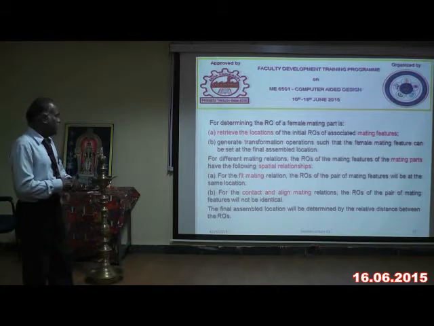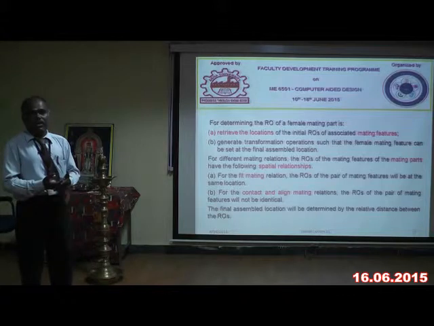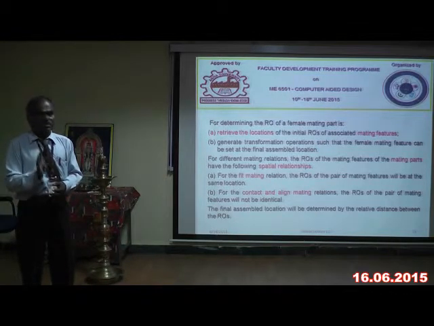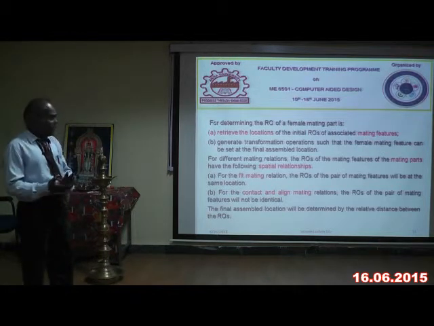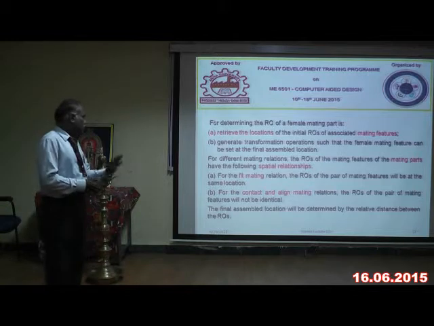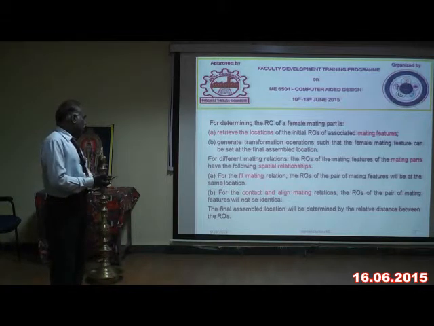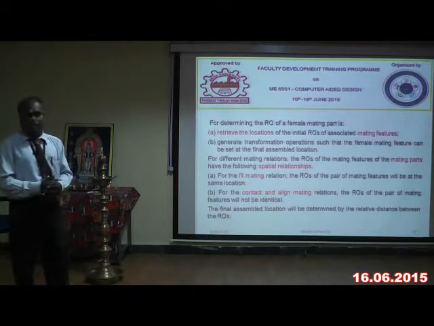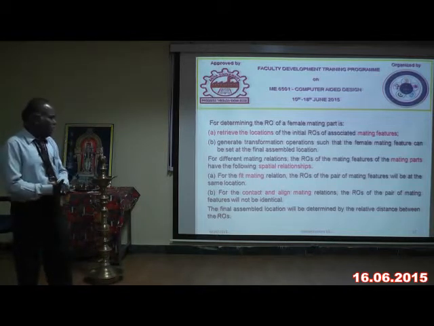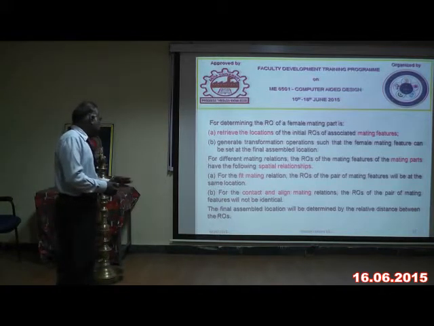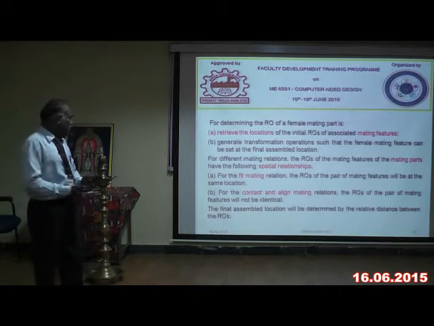The different mating relations. Whenever we are going to assemble a number of parts in a single assembly, the reference origins of the mating features of the mating parts have the following spatial relations. For the fit mating relation, the reference origins of the pair of mating features will be at the same location.